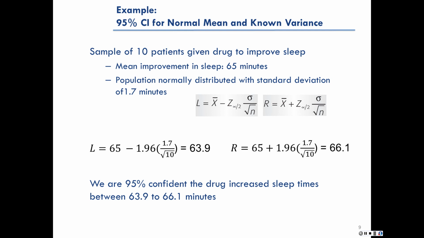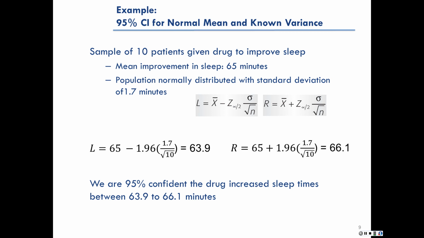So to compute the left hand side, we take our sample mean, which is 65, and then we subtract the z-score of 1.96, because that's the z-score that corresponds to an alpha equal to 0.05, and remember that's the two-sided alpha, so we're actually looking for 0.025 on the left, 0.025 on the right.